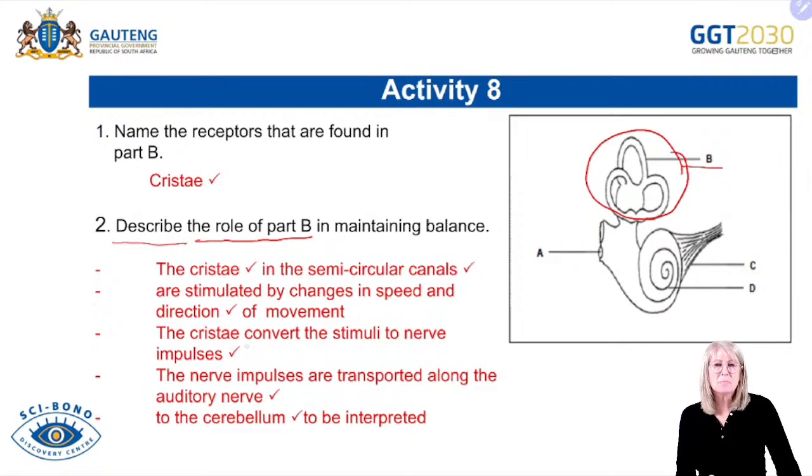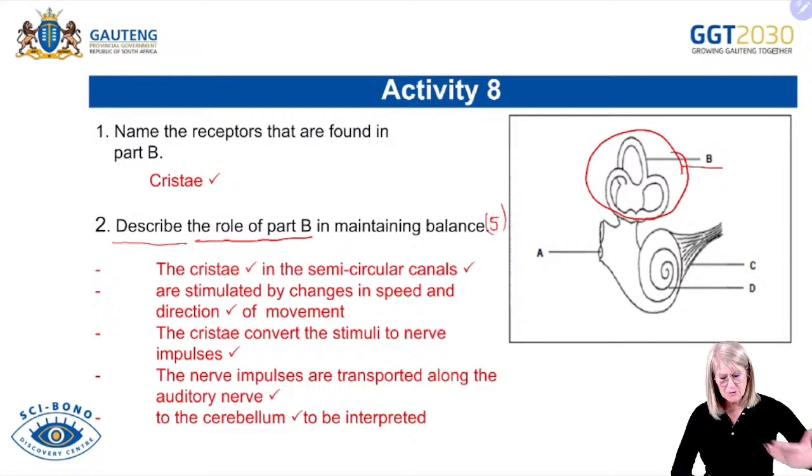And those nerve impulses are transported along the auditory nerve to the cerebellum to be interpreted. Can you see when they ask us a describe question like that, very often it's for 2 or 3 marks. Sometimes it goes for 4, and even this one could possibly be 5 or 6 marks. So it must be a nice full description.